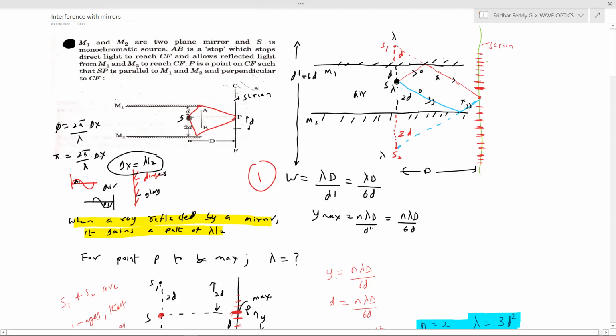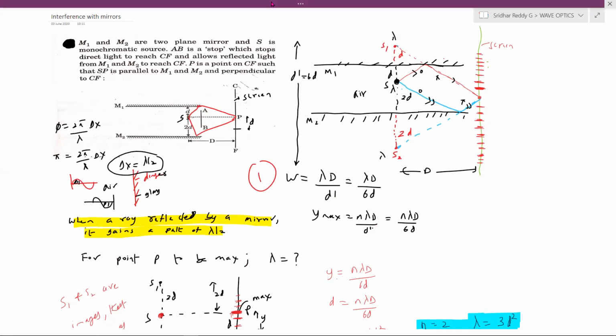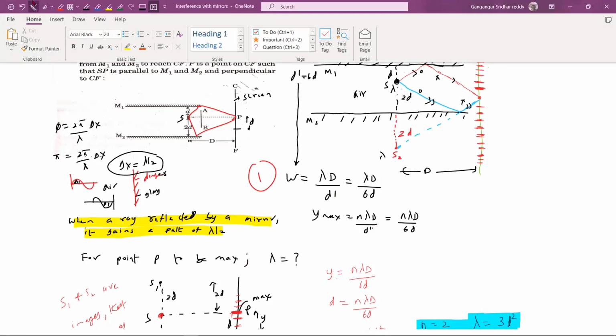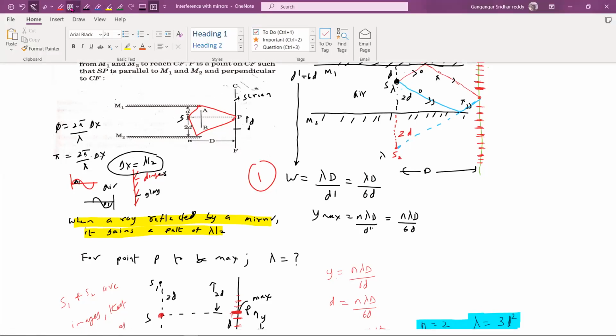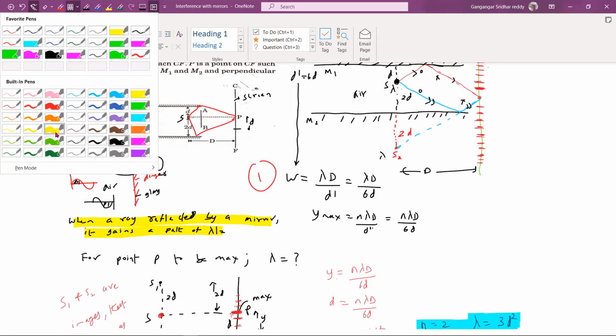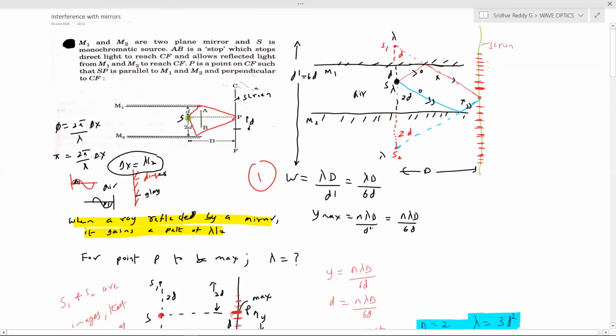Means the light emitted by the source will fall on mirror M1. After reflection, it will reach the screen. So it'll be like this. Then similarly, the light emitted by the source will fall on mirror M2 and after reflection will fall on the screen.